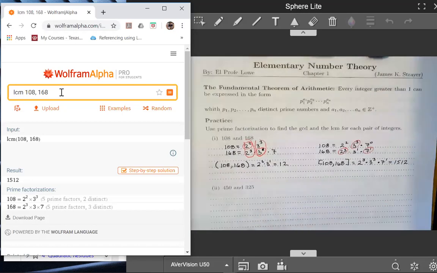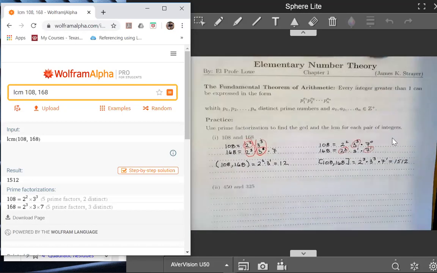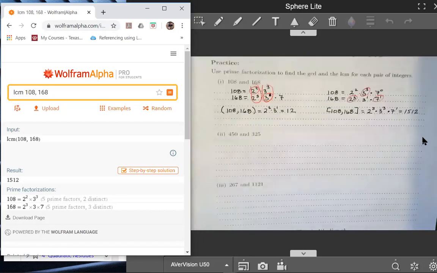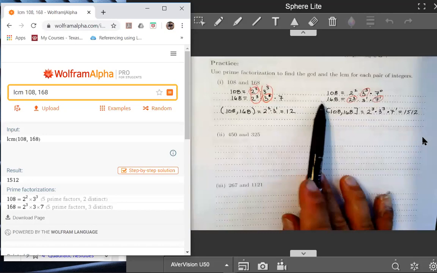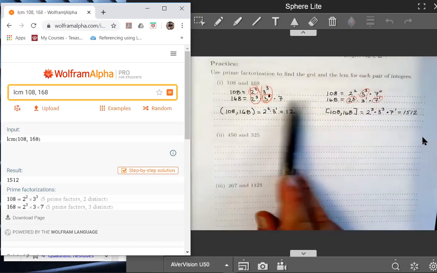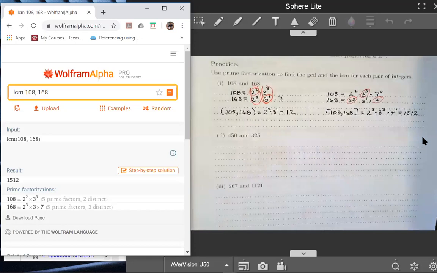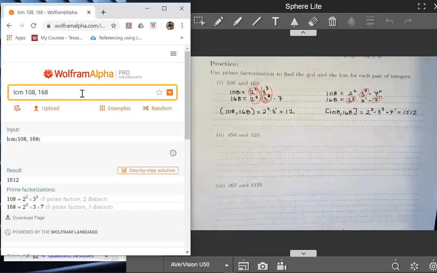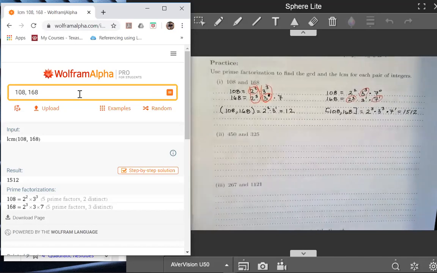Of course, when you have technology, it makes it a little bit easier to do, but this is what we would expect to see from you, okay? You should be able to find these factorizations on your own as well. That's for another time.